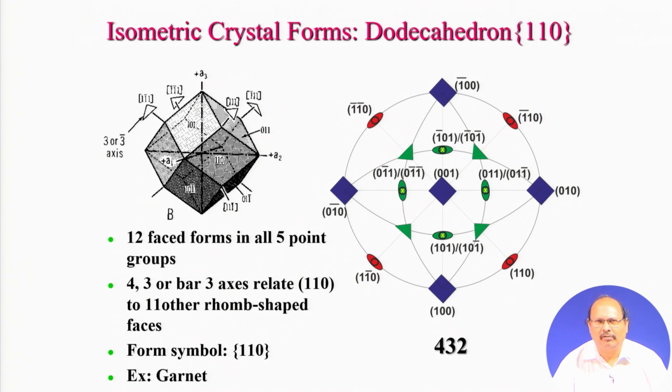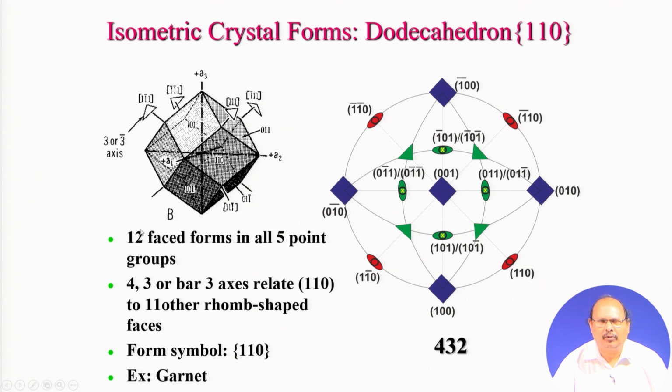So, how many total faces are generated with the starting face 1 1 0? We have now a total of 4 vertical faces we have discussed, and you have a total of 4 into 2, 8 inclined faces here. So, 8 plus 4, there are 12 faces here.